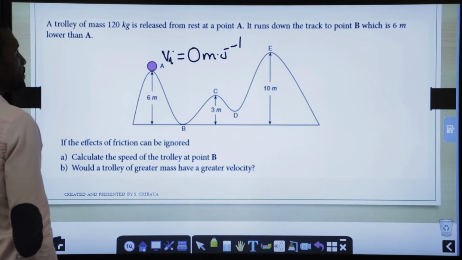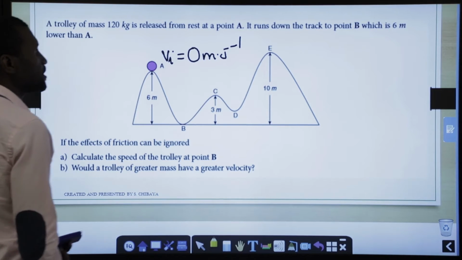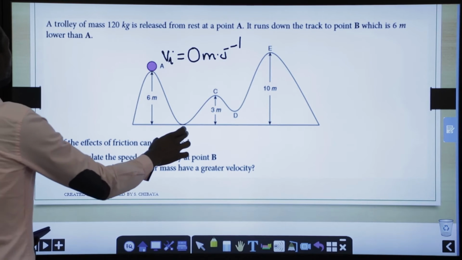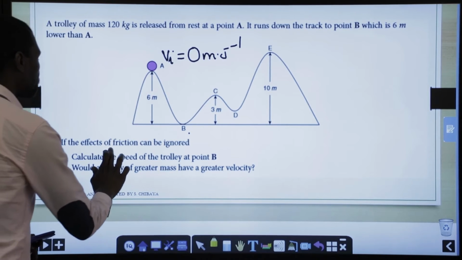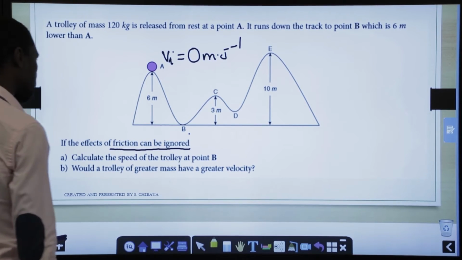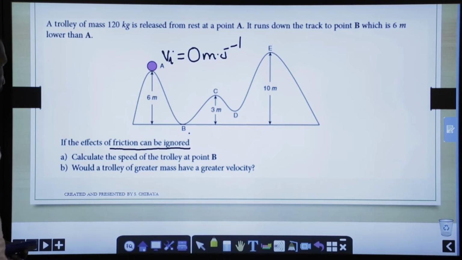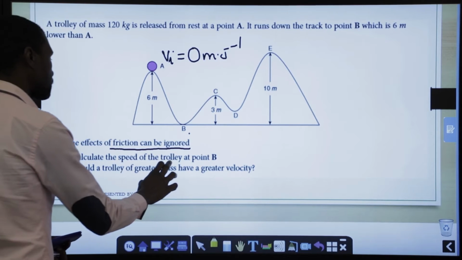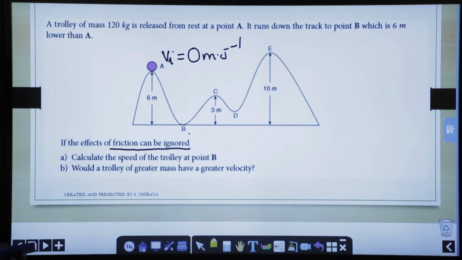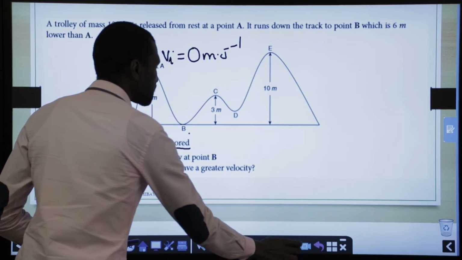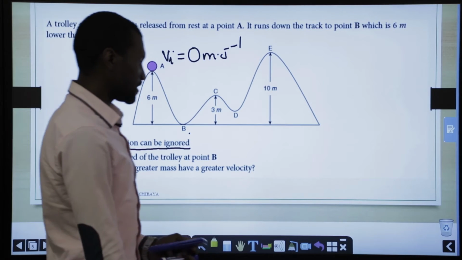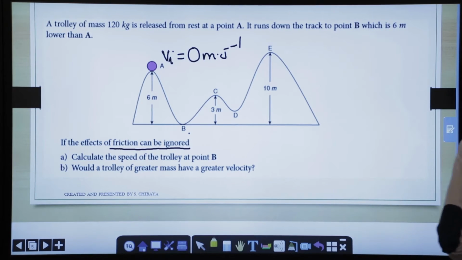At point A, it runs down the track to point B, which is 6 meters lower than point A. If the effects of friction are ignored, the question asks us to calculate the speed of the trolley at point B. So what we need to do is to calculate the speed of the trolley at point B.